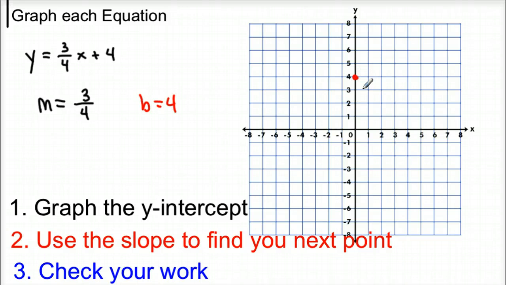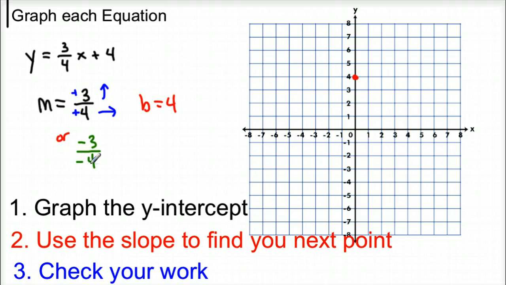1, 2, 3, 4. And then the slope here. This is positive, this is positive. So I'm going up 3 to the right 4. Or, since they're both positive, I can now make these both negative. So I can say -3 over -4, because when I simplify these two fractions, positive 3 divided by positive 4 is still positive 3/4.